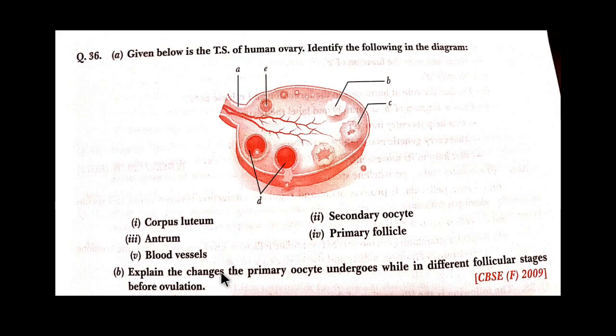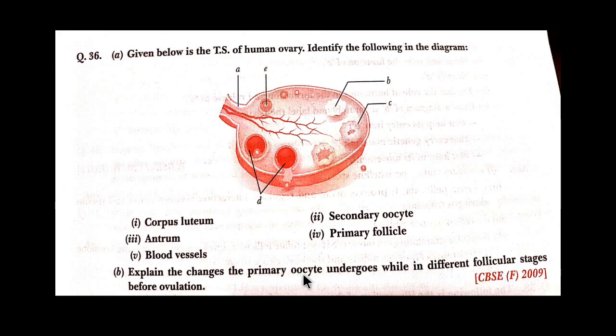Now next important question. Explain the changes the primary oocyte undergoes in different follicular stages before ovulation. In my video lecture, I have already described it. Here you will give 6 points, starting from the primary oocyte till the follicular stage.